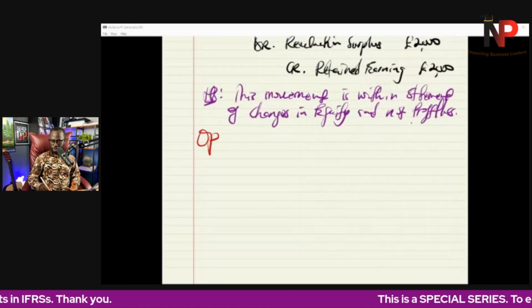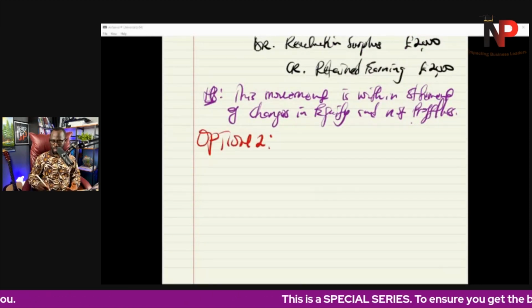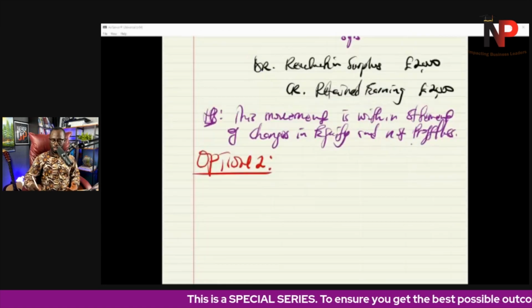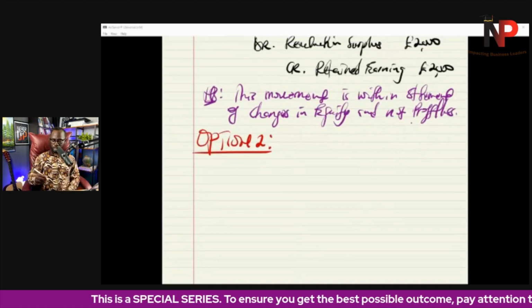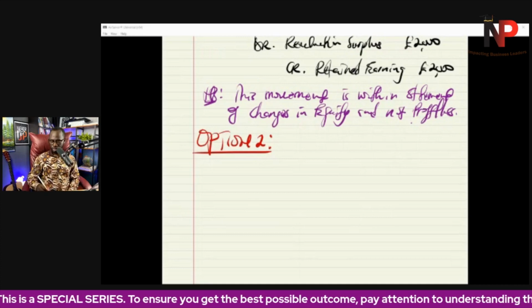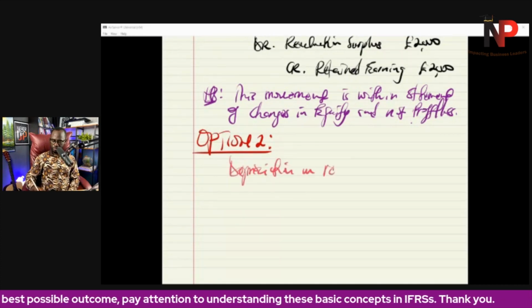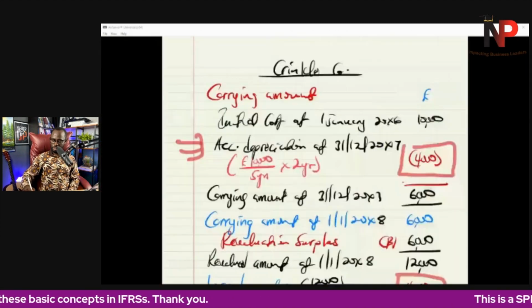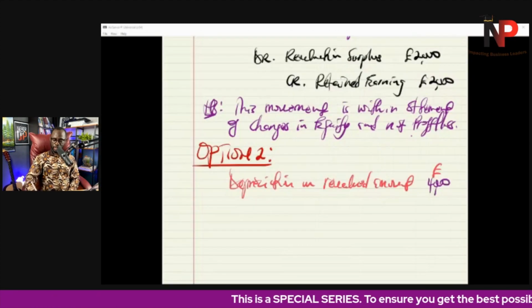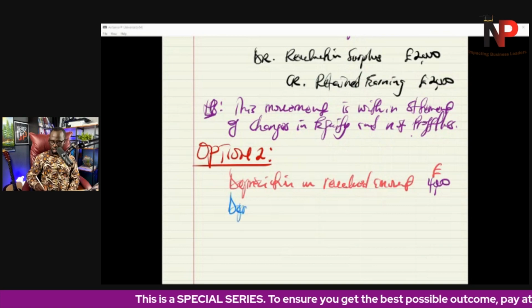Option number two. So you choose one. I know some of you will say, hey, sure, I like this one. Option number two is to look at the difference between the depreciation that we calculated. So depreciation on the revalued amount was 4,000, and then depreciation on the carrying value.